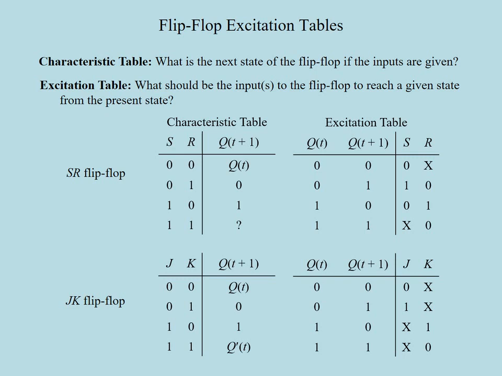This brings extra don't care conditions in the excitation table of the JK flip-flop. It turns out that whenever the present state is 0, the K input is don't care, and the next state depends on the J input only. And if the present state is 1, the J input can be taken as a don't care condition.